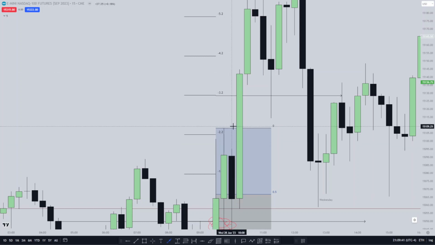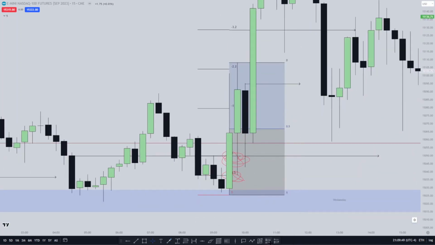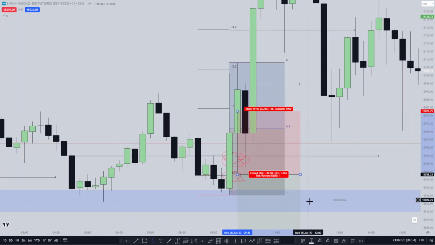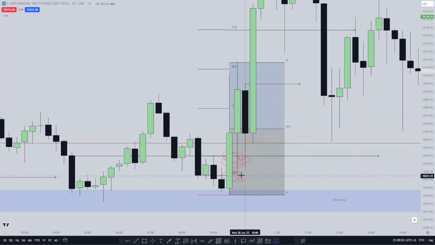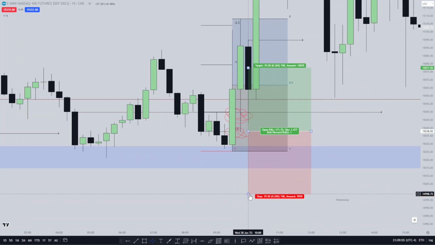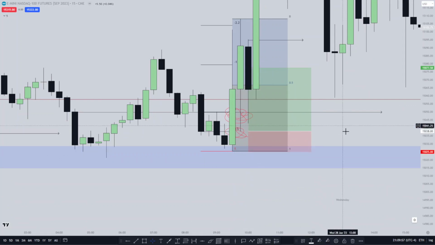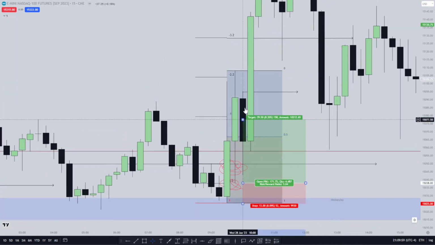My stop loss personally would be right here at this order block. Because if we measure that and understand how much we're getting out of the trade and also risking, from here to here would be a 1 to 4R.